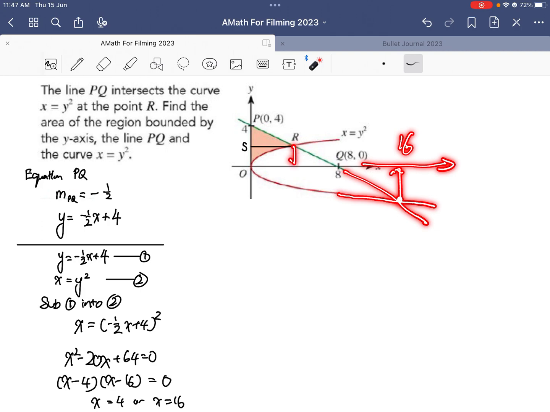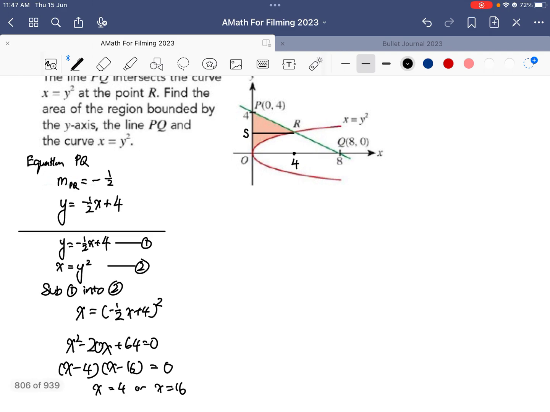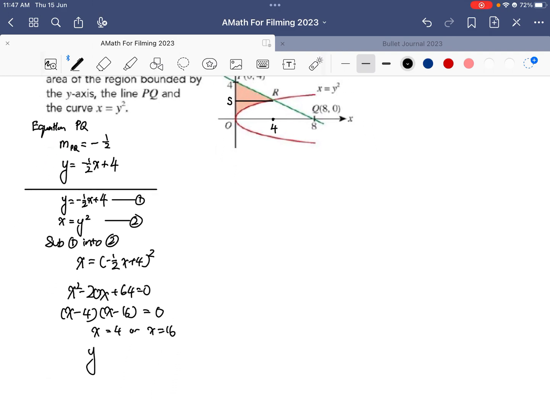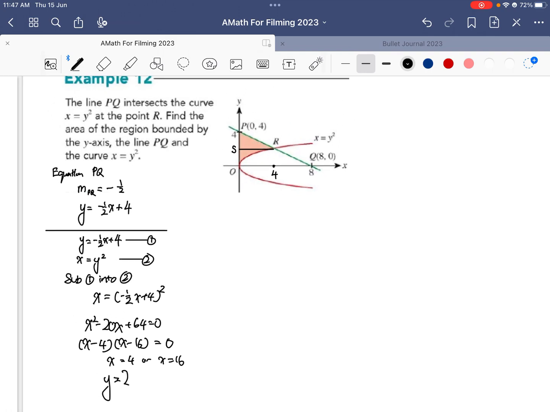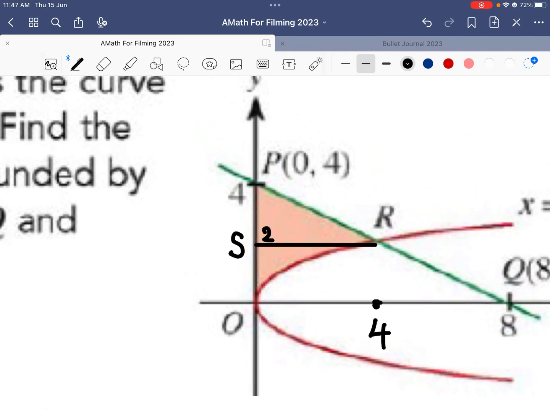So I don't use 16 here. What I will want to do is to use a value of 4 over here. So if I update my diagram, this x value is 4. Then if you find the y value itself, the y value here will be equal to 2.